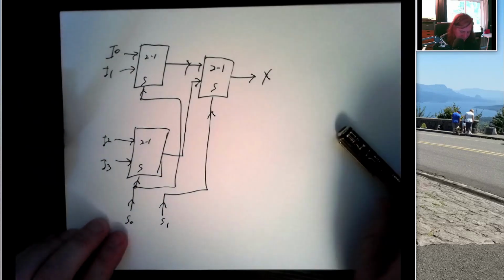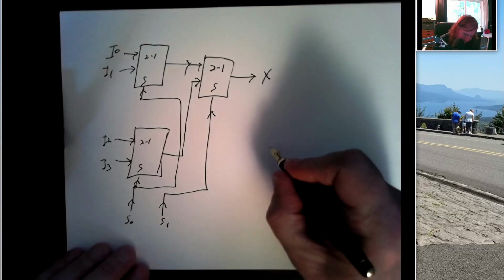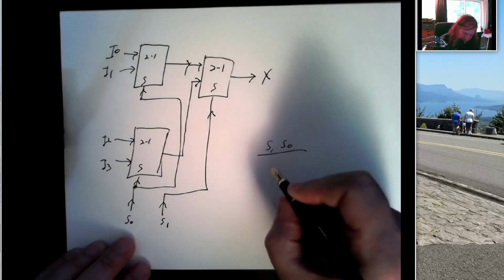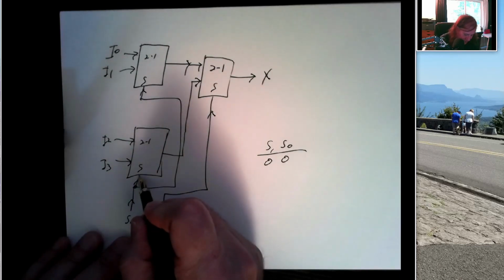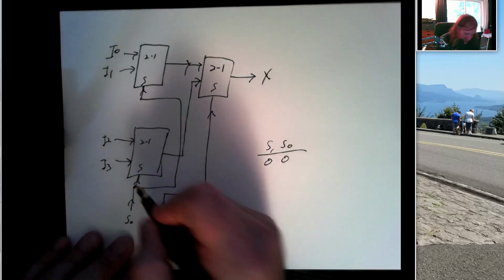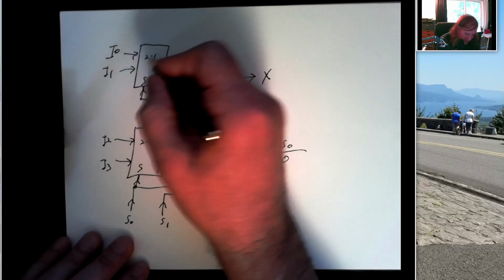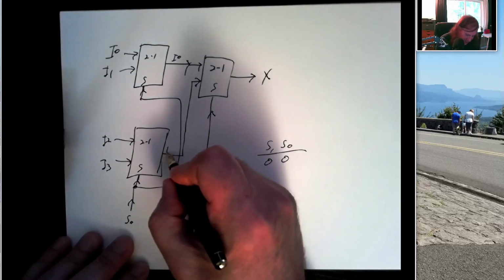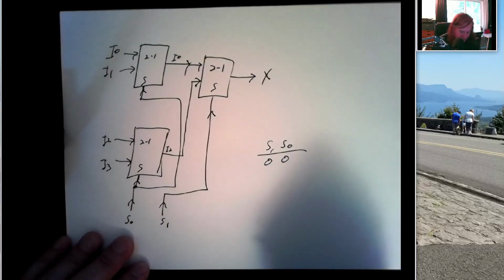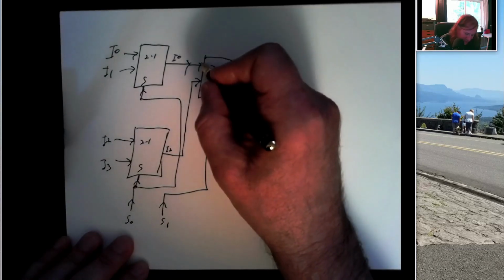If our select line, let's look at S1, S0. Suppose our select input is 0, 0. Well, we have a 0 coming into these 2 select lines, which means this is going to take I0 and send it to its output, and this will take I2 and send it to its output. So we've got an I2 here, I0 here.